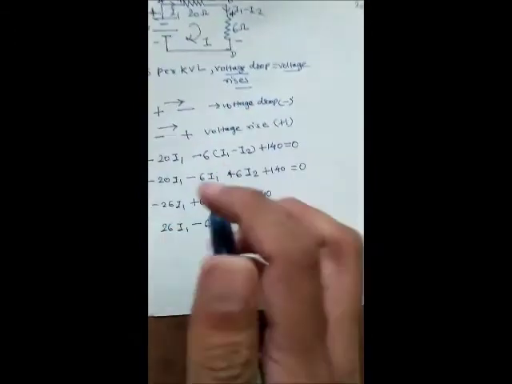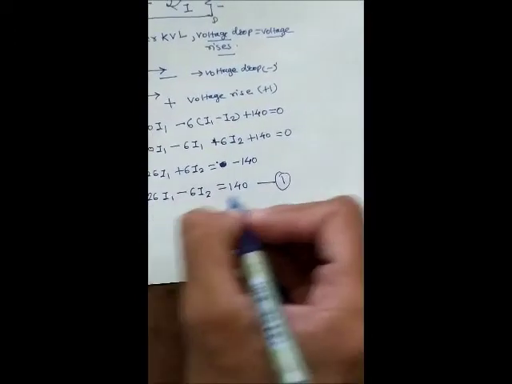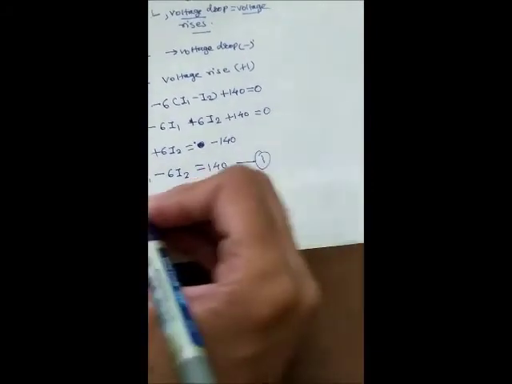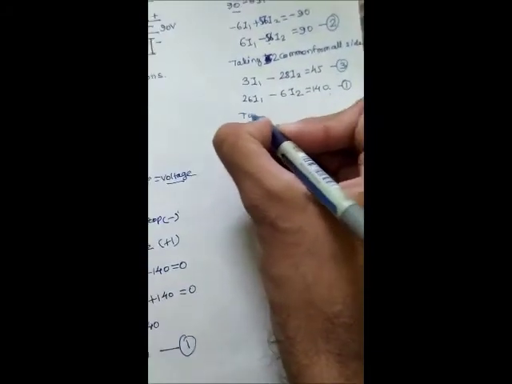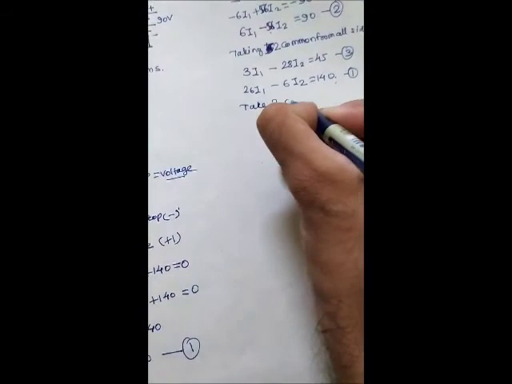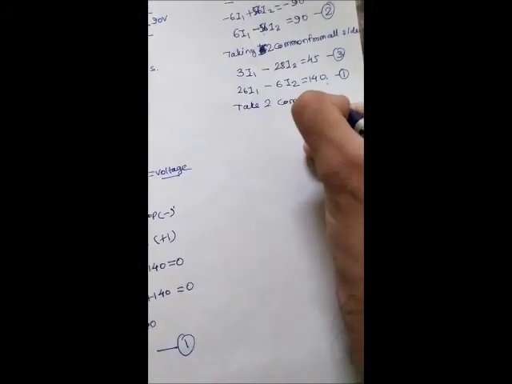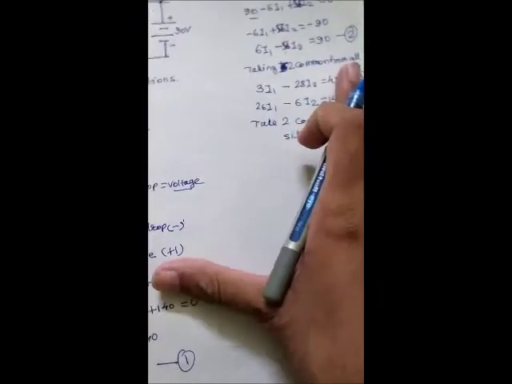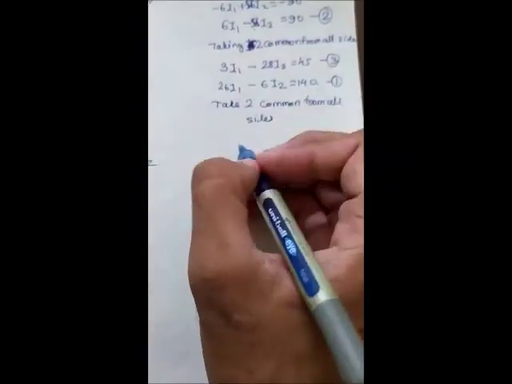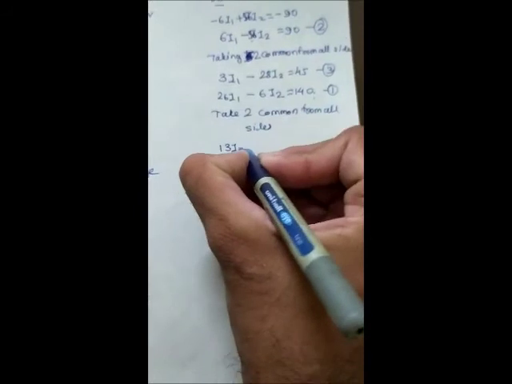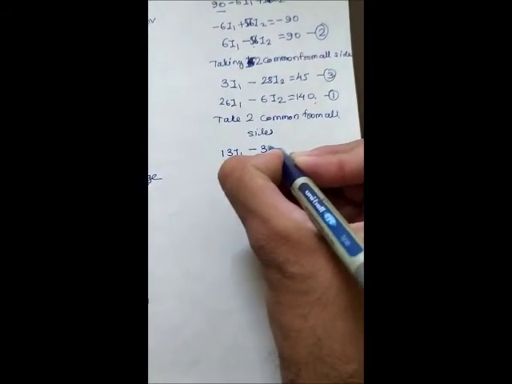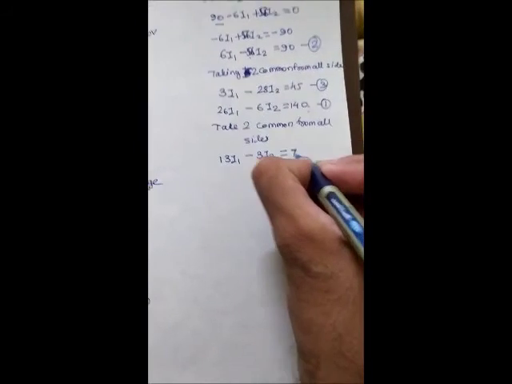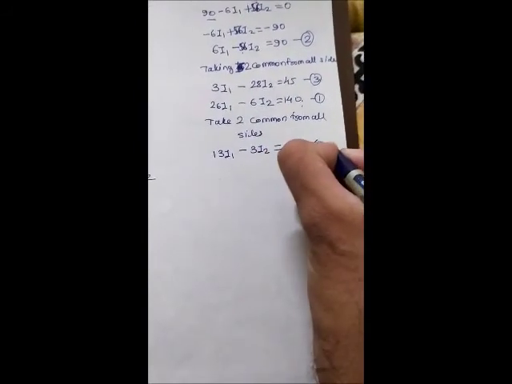Equation number 1 can also be reduced by taking 2 common from all sides. I am writing this statement so you can understand; no need to write it again and again. Equation becomes 13 I1 minus 3 I2 is equals to 70. Equation number 4.